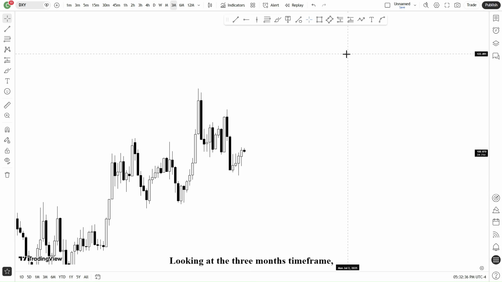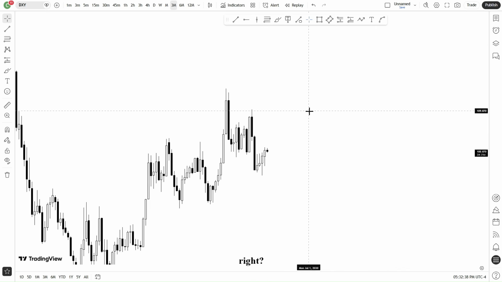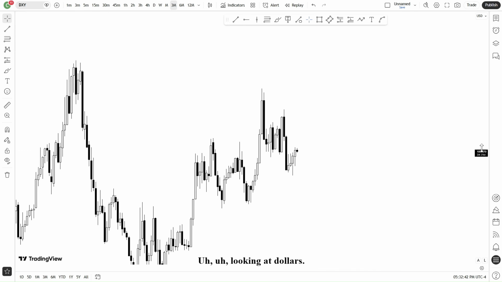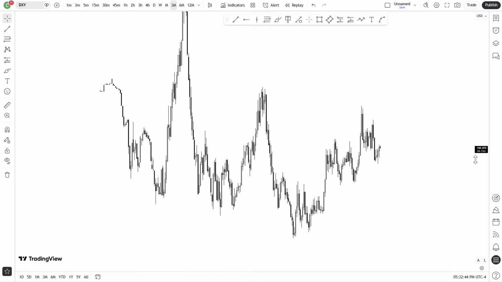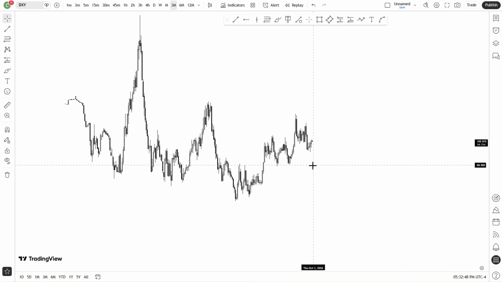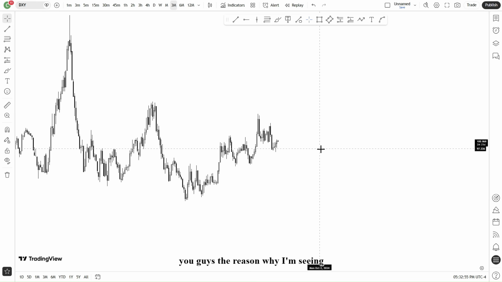Looking at the 3 months time frame, right? We're looking at dollar. Some people are looking at dollar as a bullish market, right? But I want to tell you guys the reason why I'm seeing bearishness on dollar until 2028.